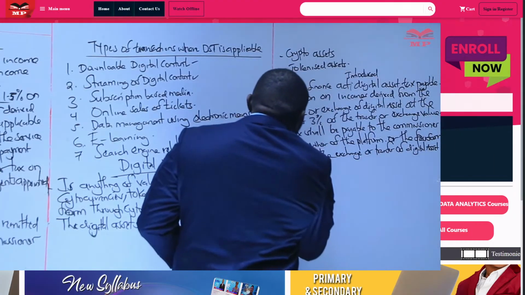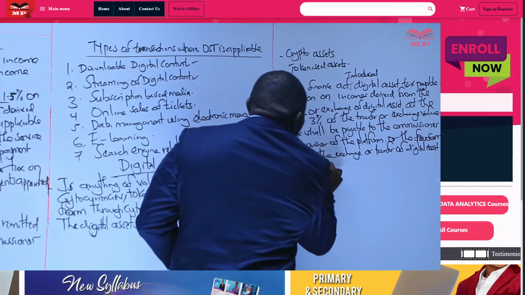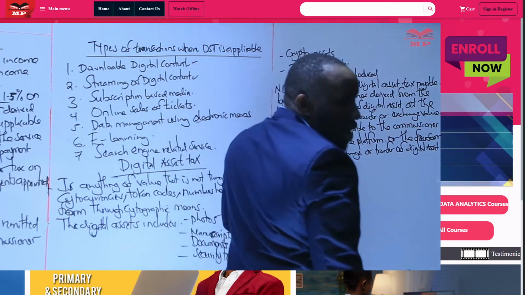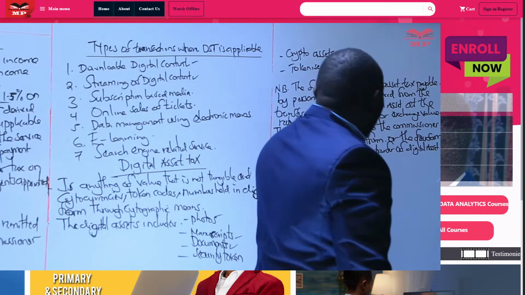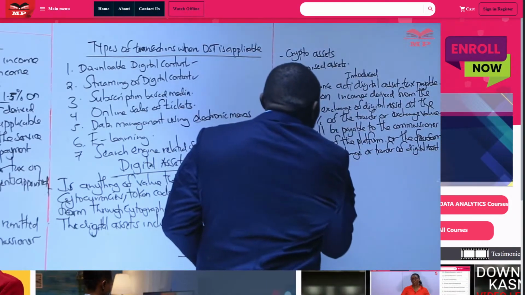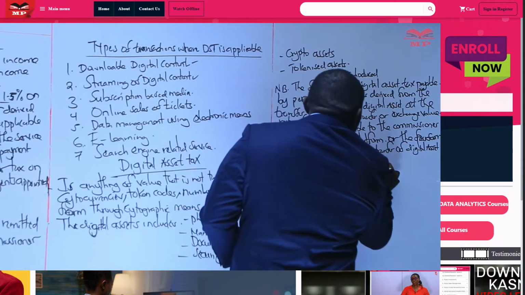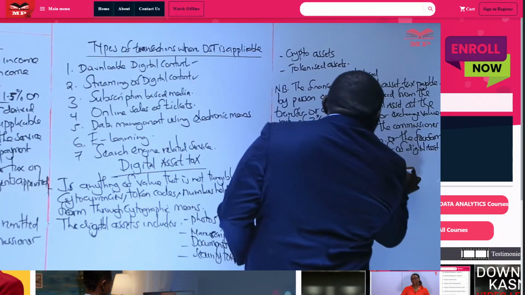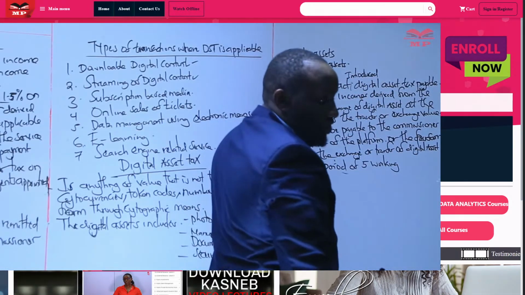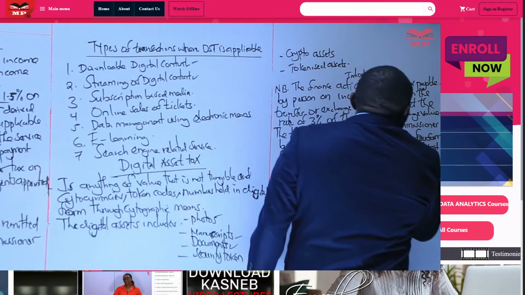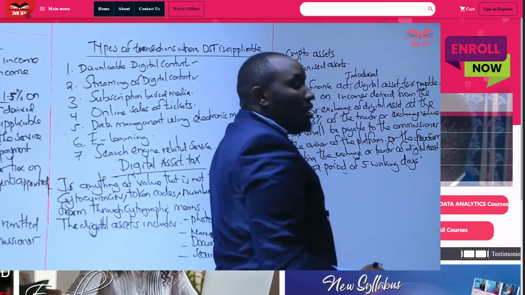This should be done within a period of 5 working days. When should it be remitted to the commissioner?